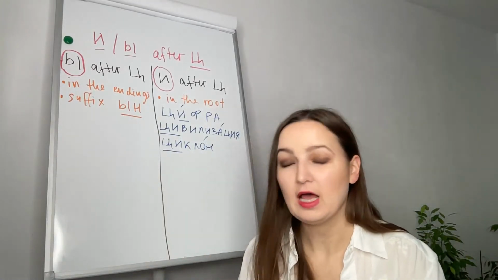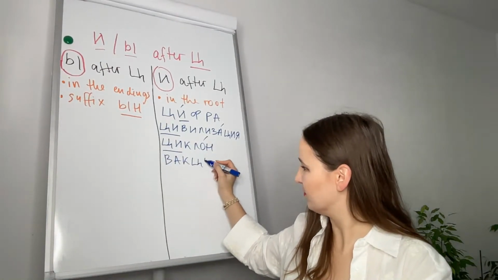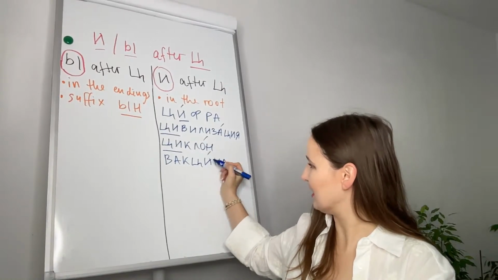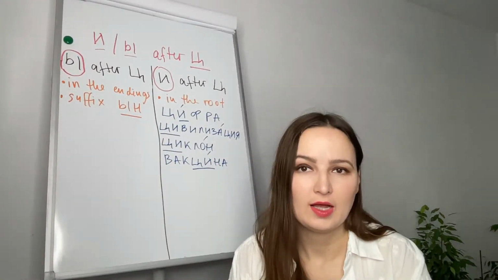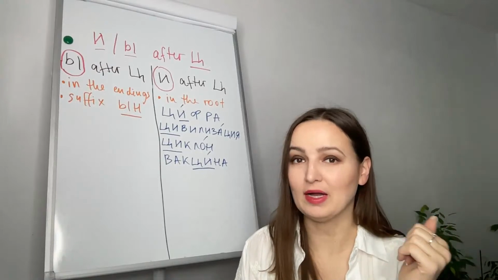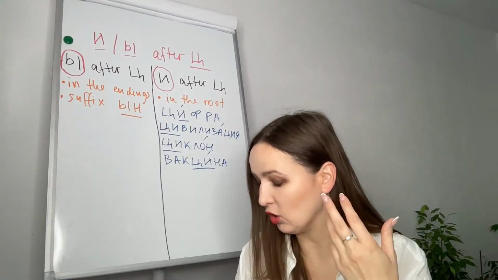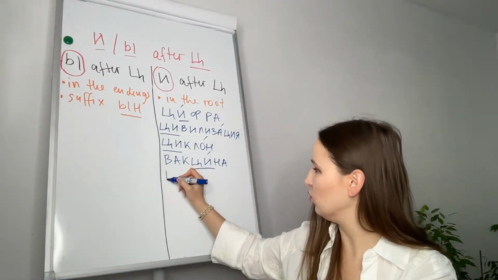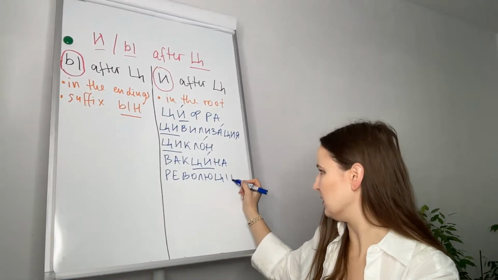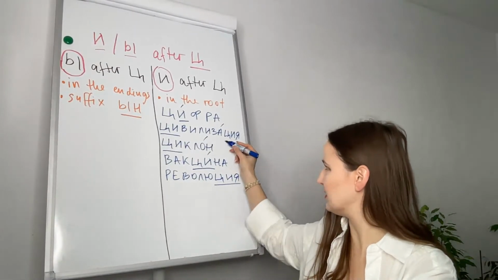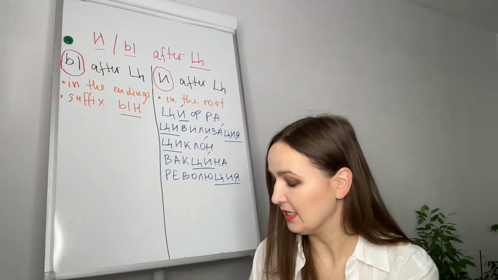Next example is вакцина. The same here: ци. Мы слышим ы, we hear ы, but we will write и here. Вакцина. Or революция, with И. We have -ция.